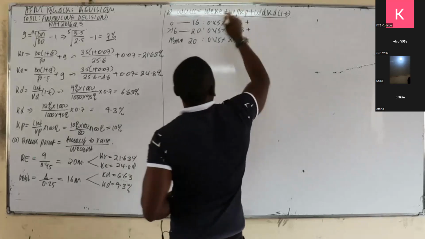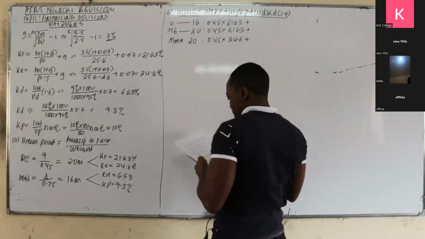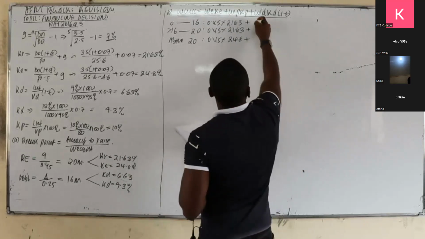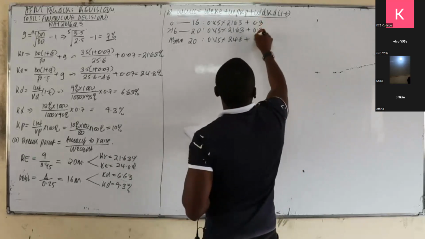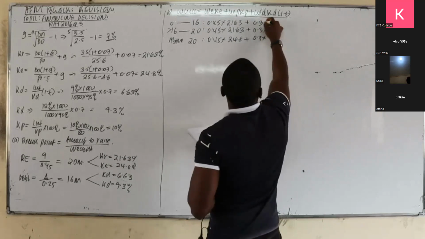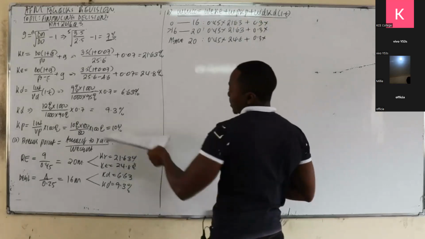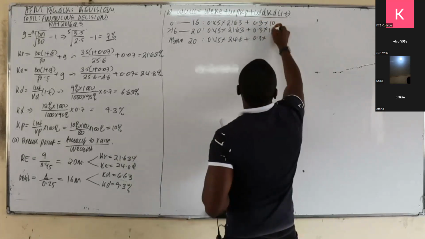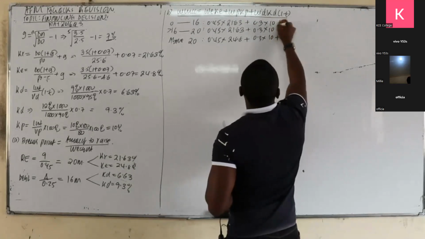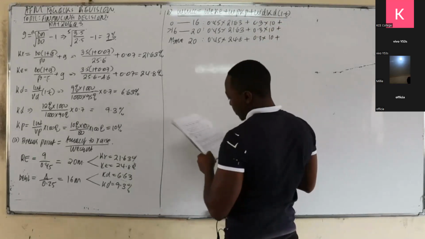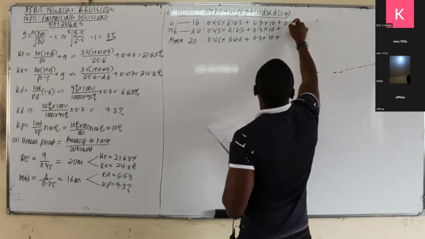Then you add the weight of preference. Preference is 30%, so it's 0.3. Then you multiply by the cost of preference, which is 10%. Then you add the weight of the debt. The debenture is 25%.